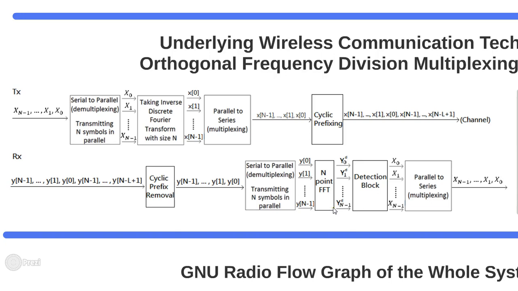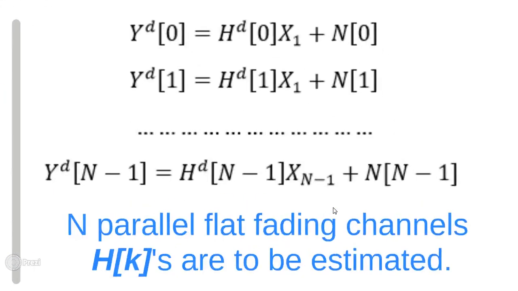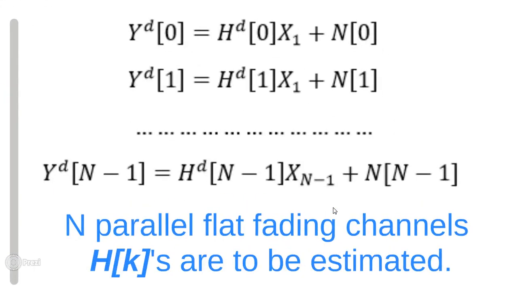The detail of the OFDM scheme is out of our consideration here, but we should know that the OFDM scheme effectively converts a frequency selective channel into a collection of parallel flat-fading channels, as shown here. As we can see, inter-symbol interference is successfully removed in an OFDM system, and each received symbol depends only on the current transmitted symbol, plus some noise.